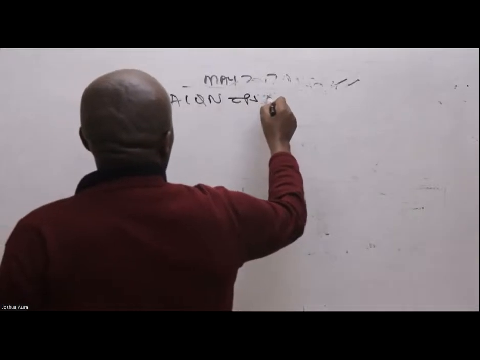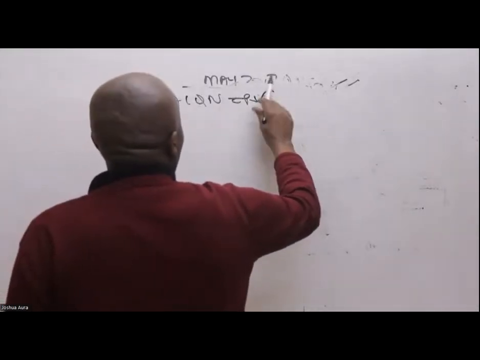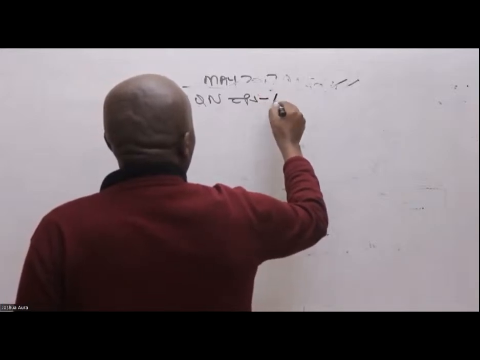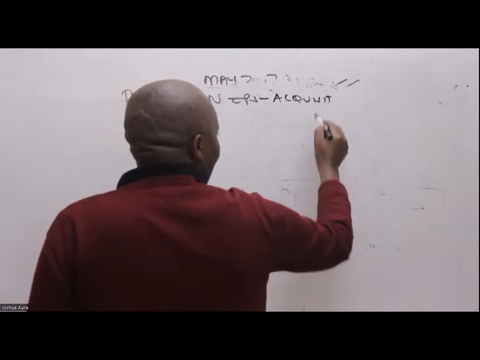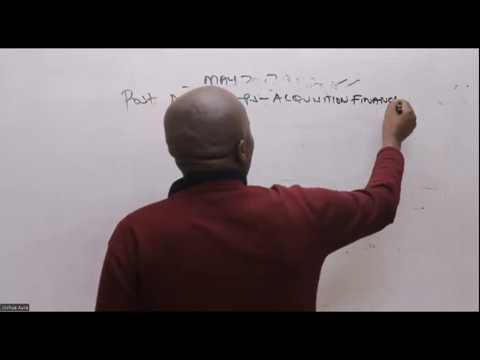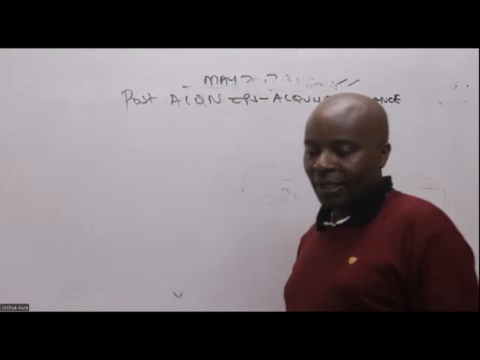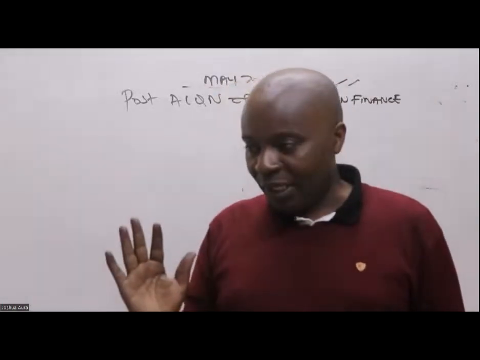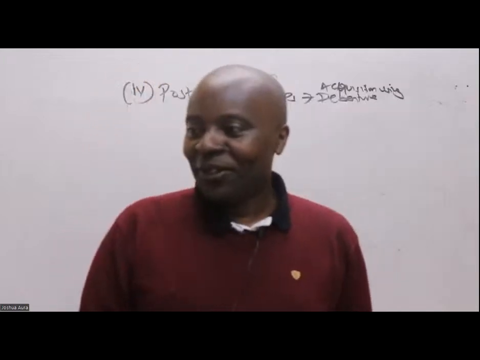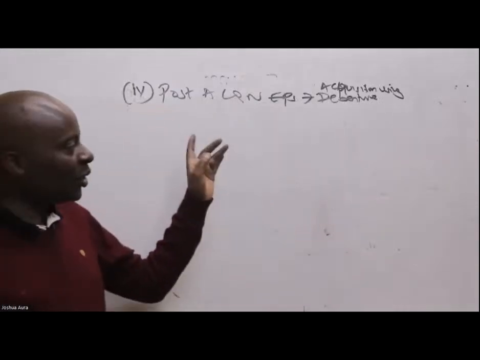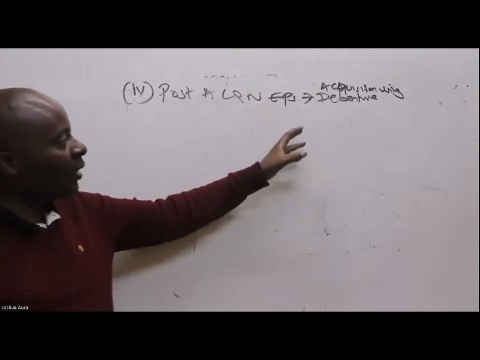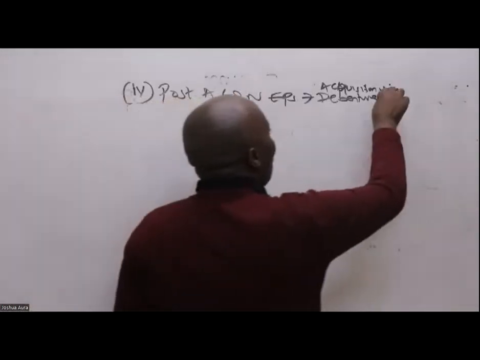Now we're looking at Roman 4. They want us to give post-acquisition earnings per share when we have acquired this targeted company using a loan.